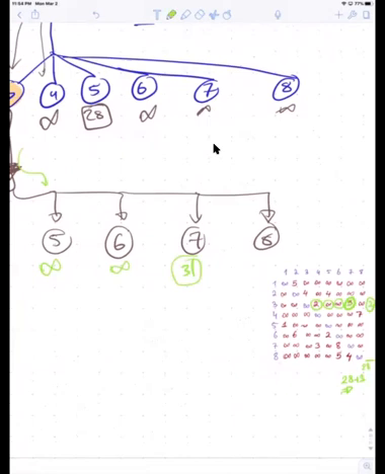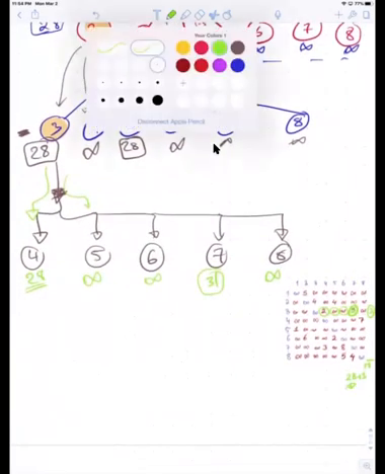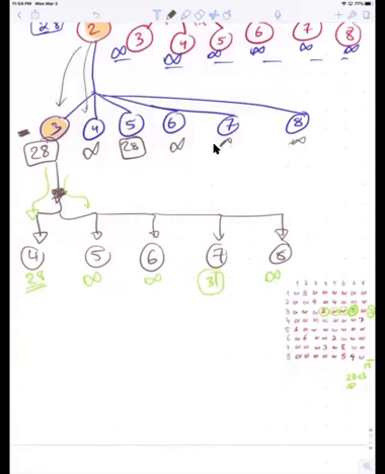Okay, so now from 3 to 8 is infinity as well. Now, according to best first, I have to look up to see if I got better answers. Here I have 28, here I have 31, here I have another 28.